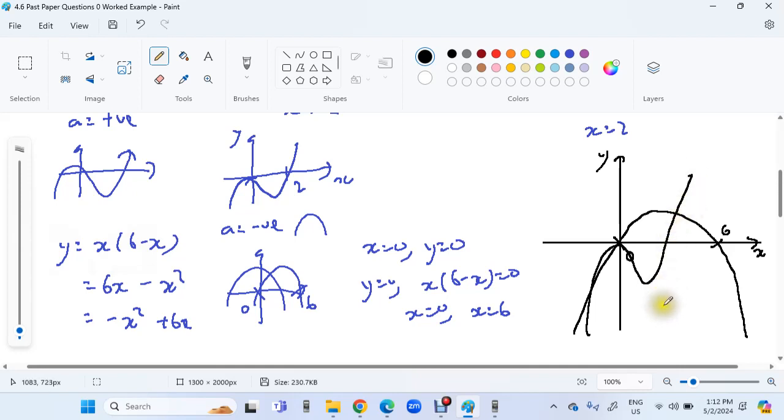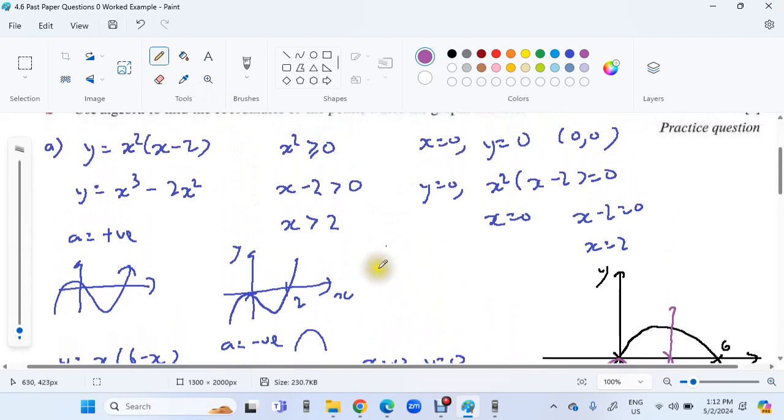So yes, 0, 0. This is 2. So this is the graph, the second graph. We have 0, 0 and 2, 0 here, x squared times x minus 2.